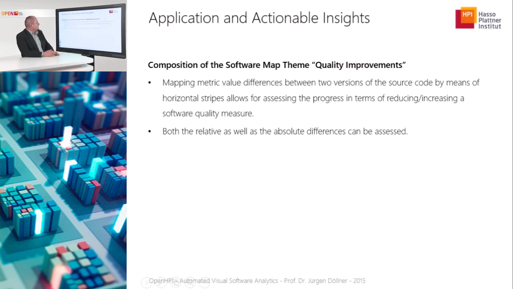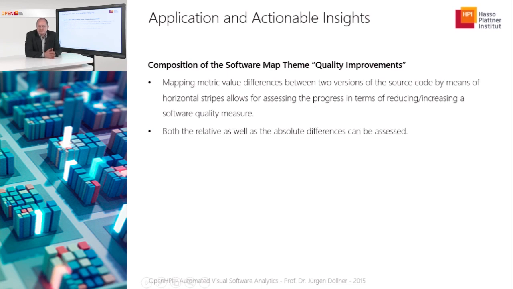The software maps that highlight quality improvements also give us an example of how to map metric value differences between two versions of a source code by means of these extended visual variables of a software map.